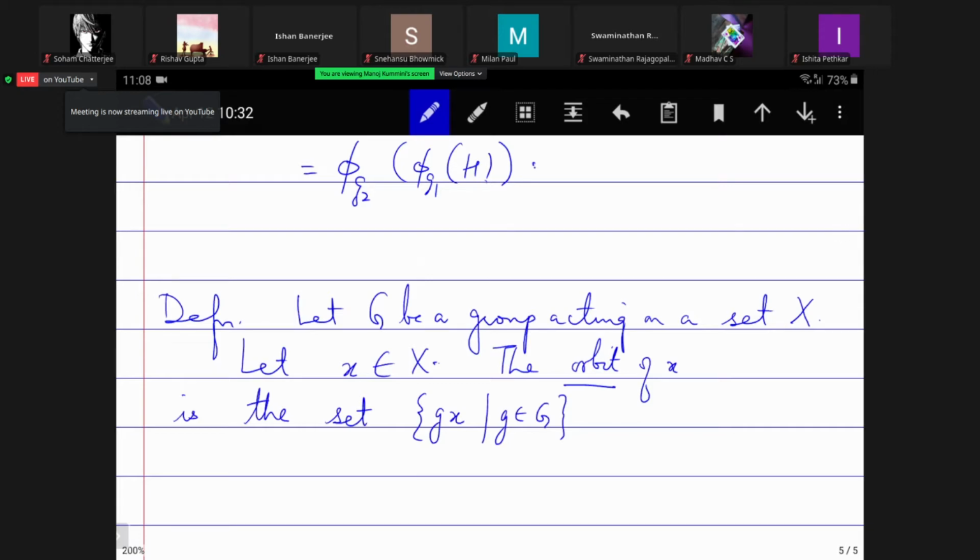As you apply more and more elements of G, you get some larger and larger set.